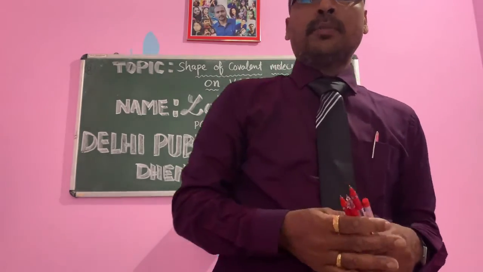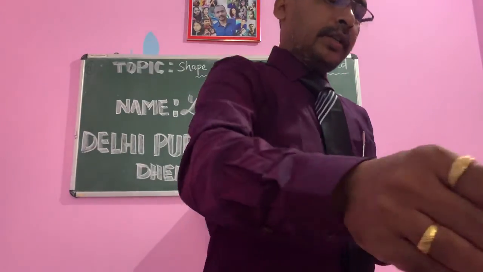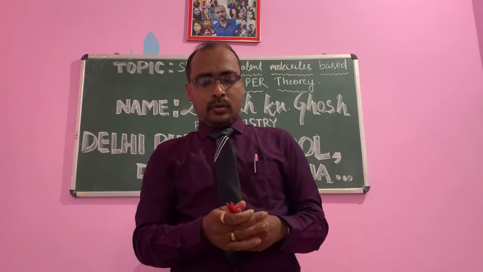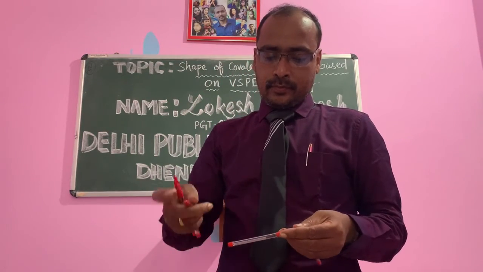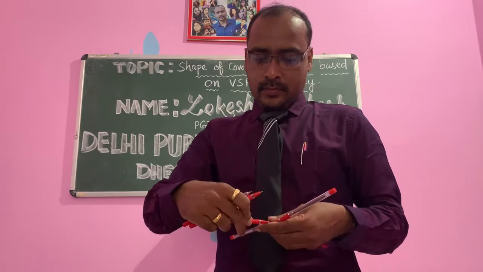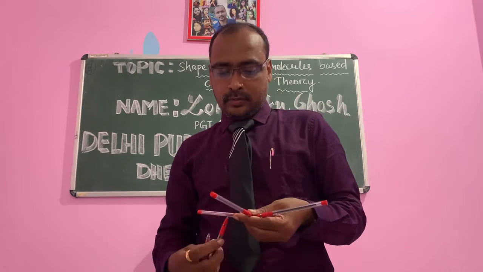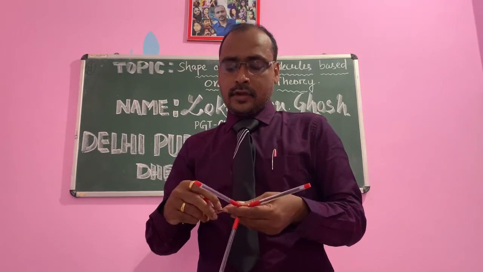Then next one is the AB4E2 type. Again we consider the geometry of octahedral, and from that octahedral we can shape the geometry of AB4E2 type.